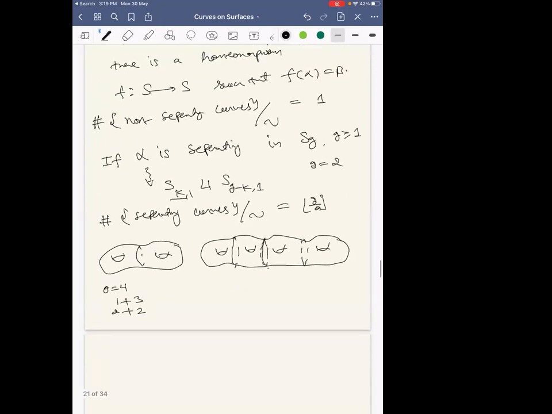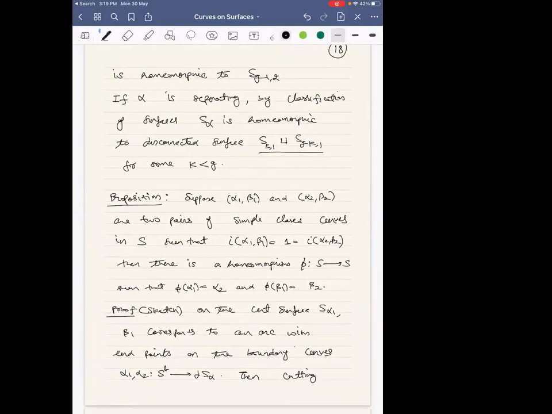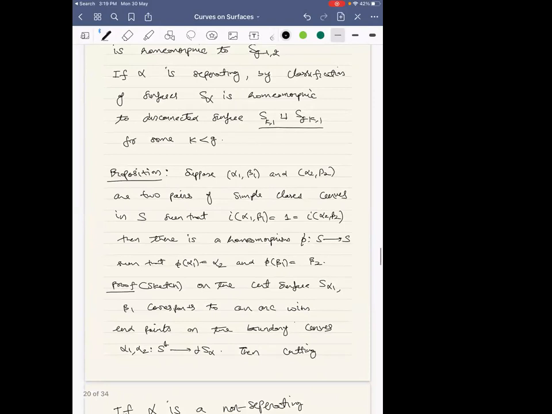Let us now come back to some other result in this direction. This is just one case, when you have just one curve. This is your change of coordinate principle. What if you have more than one curve? Let's say you have a pair of curves, one pair alpha 1, beta 1, the other alpha 2, beta 2.